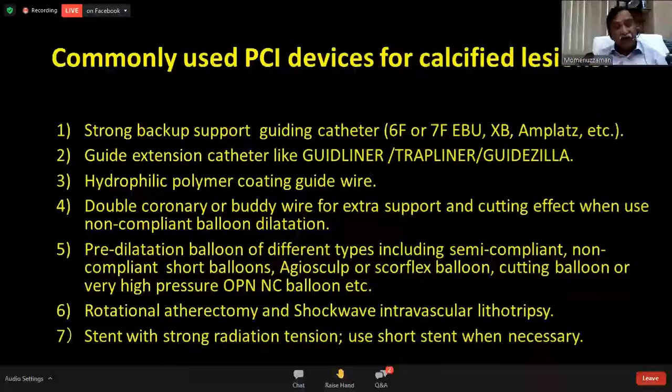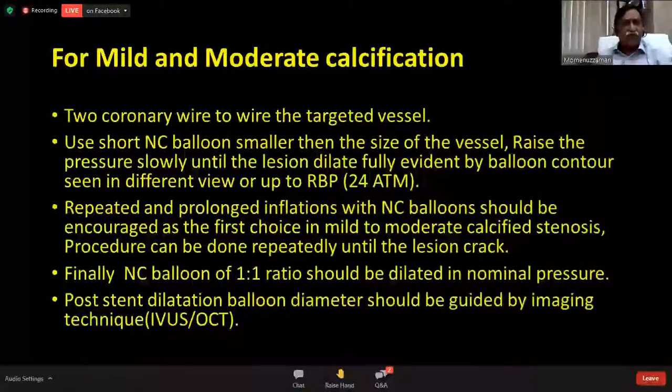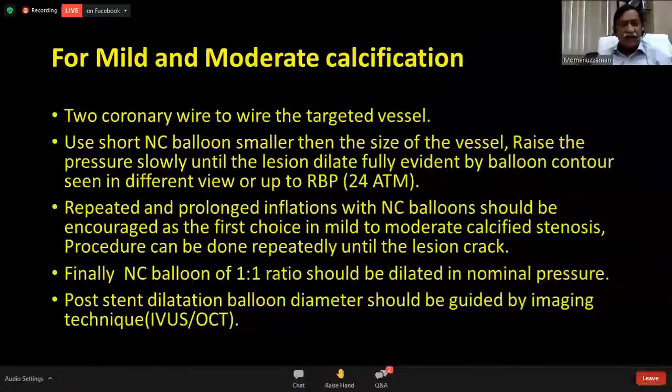And finally, the stent, if it's a small one, can track easily, and it should have adequate radial force. For mild to moderate calcification, usually I take 2 coronary wires to the targeted vessel, use a small non-compliant balloon smaller than the size of the vessel, and raise the pressure slowly until the lesion dilates fully, as evident by the balloon contour seen in different views on fluoroscopy in spin mode.